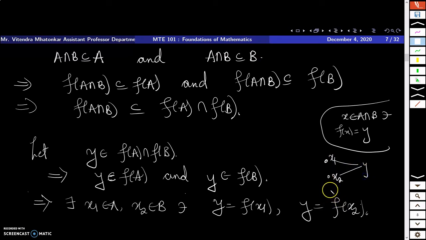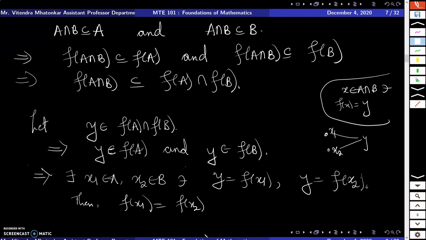So what I need is a point in the intersection which will be mapped to the point y. Okay, and that will happen only when f of x1 is equal to f of x2 implies x1 is equal to x2. So from here it's clear that f of x1 is equal to f of x2.